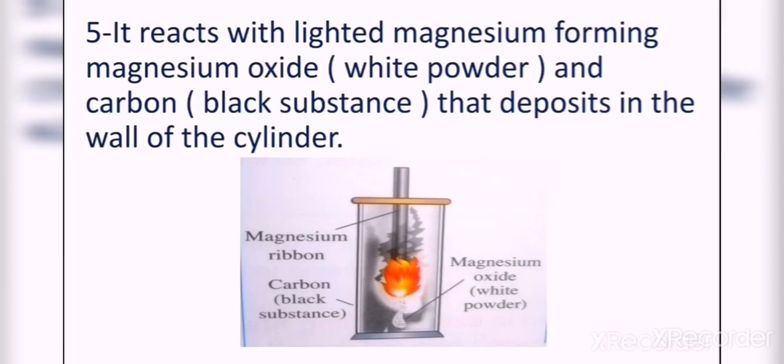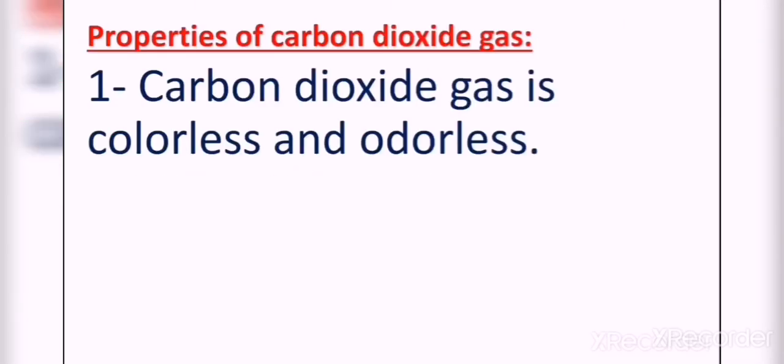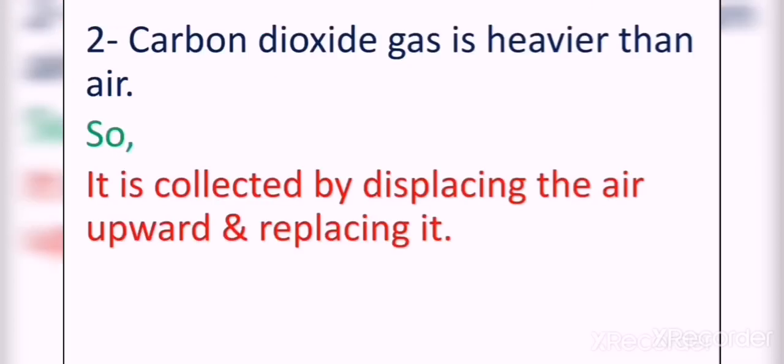Okay, so what are the properties of the carbon dioxide gas? Number one, colorless and odorless. Number two, heavier than the air, so we collect the carbon dioxide gas by upward displacement of air.